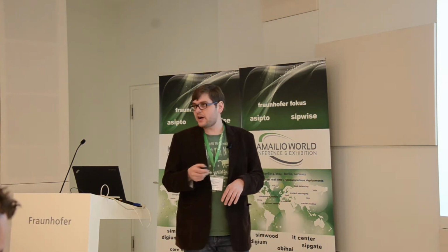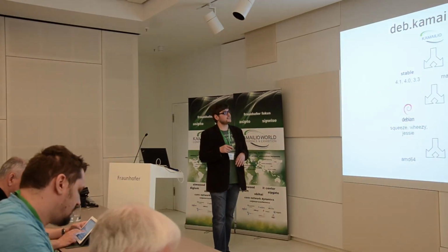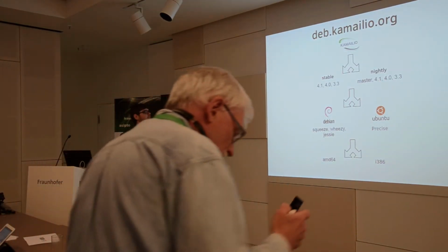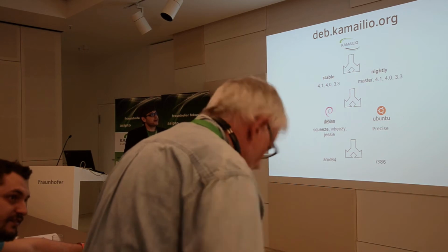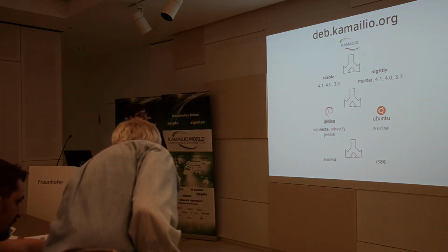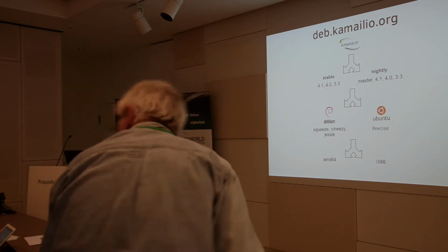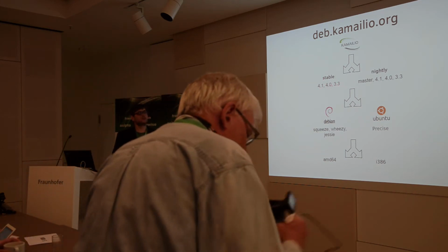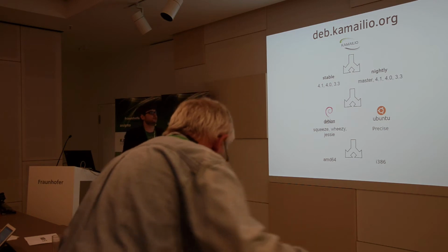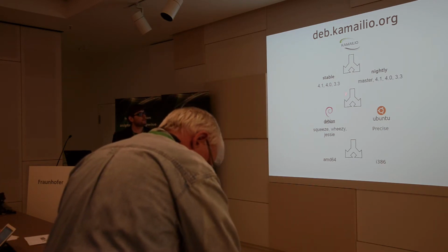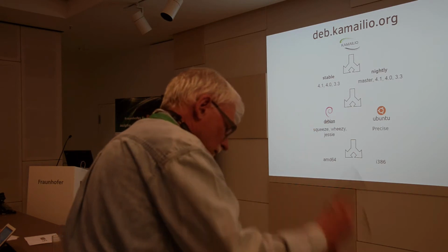One is the stable releases, which Daniel does every half a year or every couple of months. We are building Debian packages and Ubuntu packages for that, for 3 versions, for 4.0, 4.1 and 4.2, and we are going to support more or less 3 versions at all times. So once we release 4.2, the oldest one will probably be dropped.